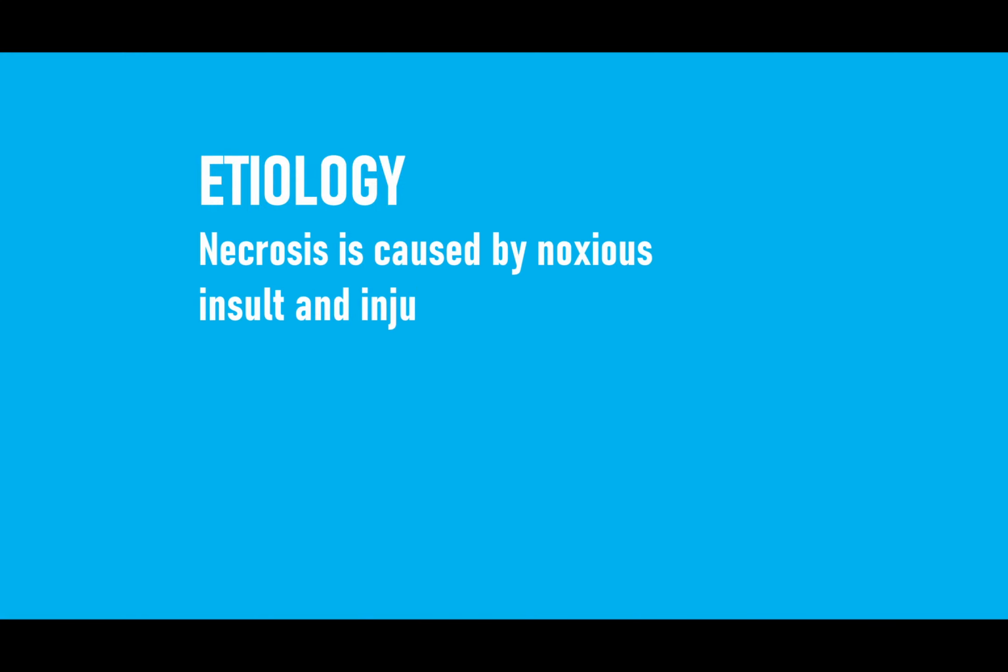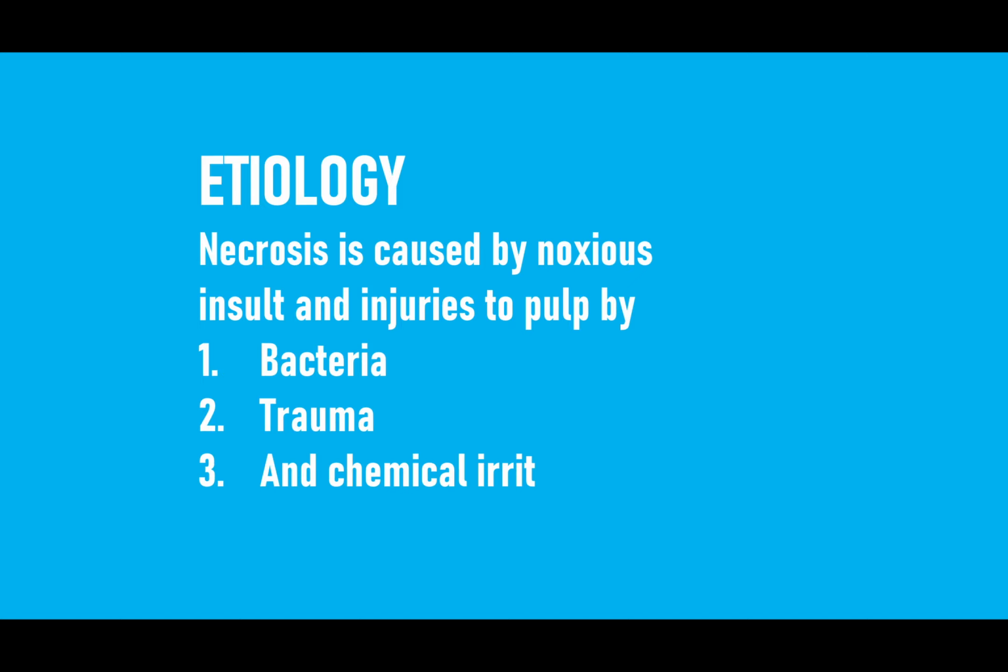Etiology: why it happens and what are the causative factors of necrosis. Necrosis is caused by noxious insult and injuries to pulp by bacteria, trauma, and chemical irritation. So these are three things that can cause necrosis of the pulp.